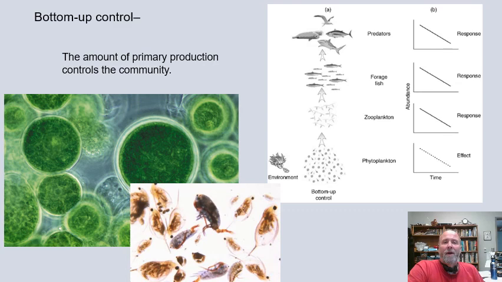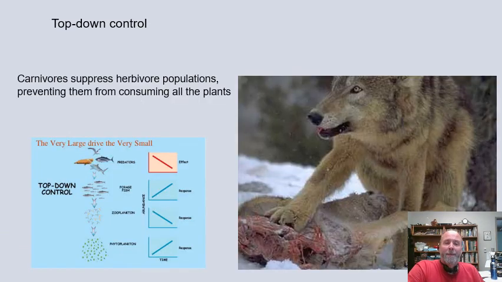The more primary productivity there is, the more trophic levels that ecosystem can support. But at the same time, the lack of a top predator can also have a cascade effect downward. It can impact the number of primary consumers or herbivores, which is going to impact how much of that primary productivity actually gets consumed or survives to the next generation or next season.